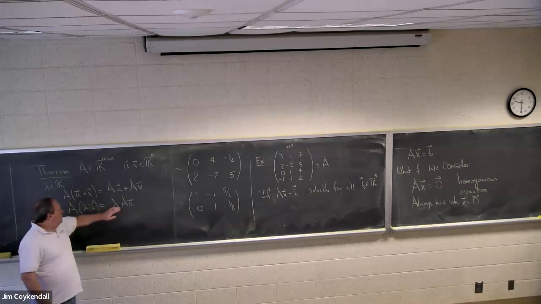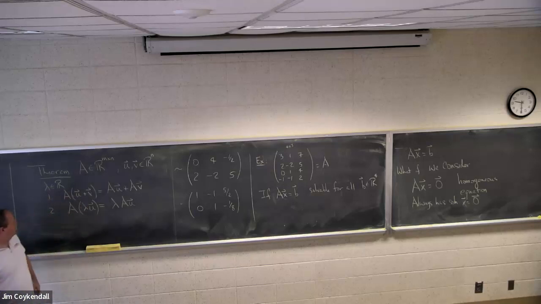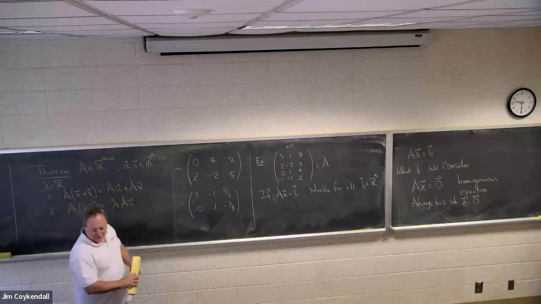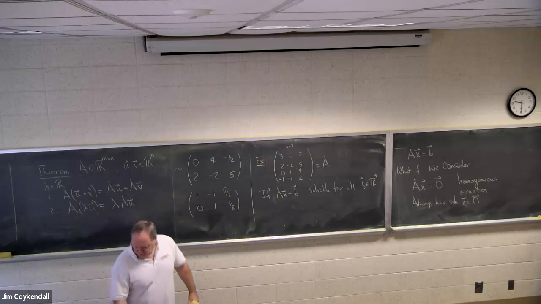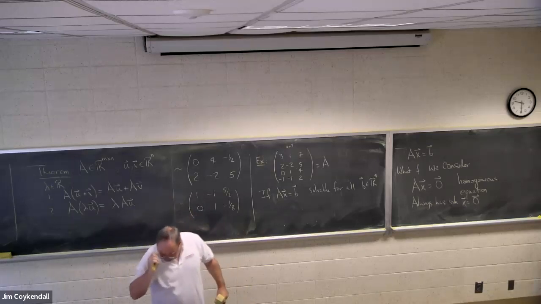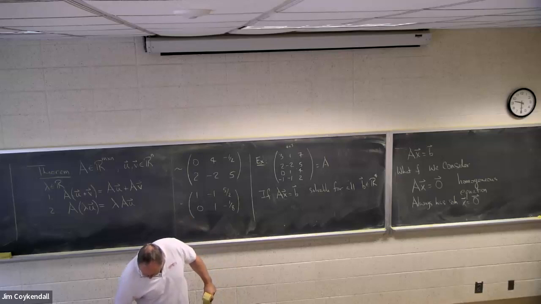Yeah, so you can multiply AU first and then multiply lambda times the end result. You can do this any way you want. You can't pull vectors out, but you can pull numbers out of this. So what is the significance of this? Well, we're going to get into this deeper a little bit later.